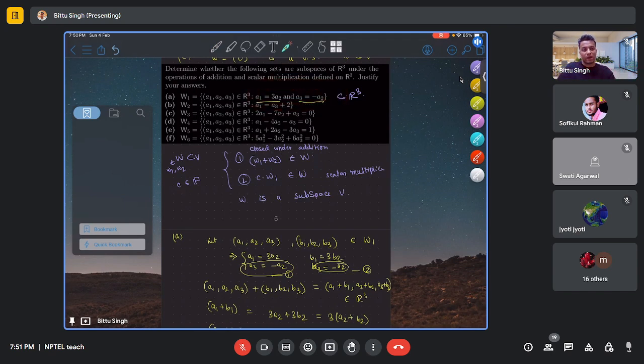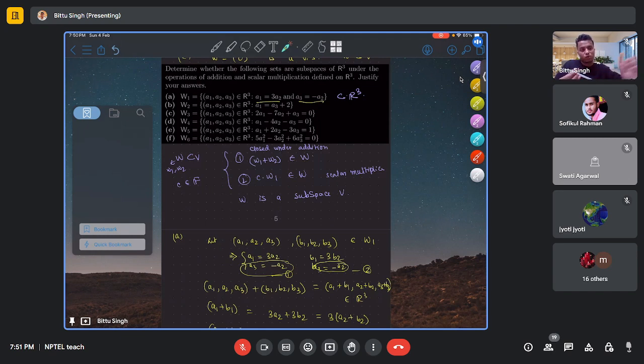Okay, if you add two vectors, it satisfies this property. If you stretch this vector by some constant k, then it also satisfies this property. Geometrically, it is saying that those two vectors lie on the same plane.